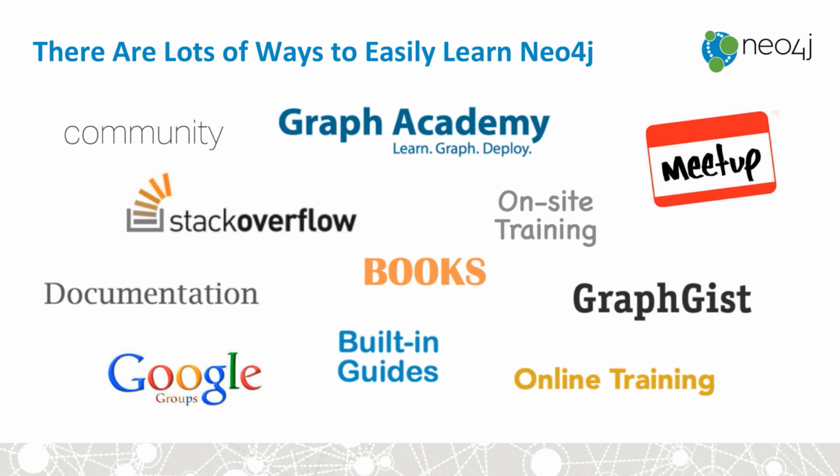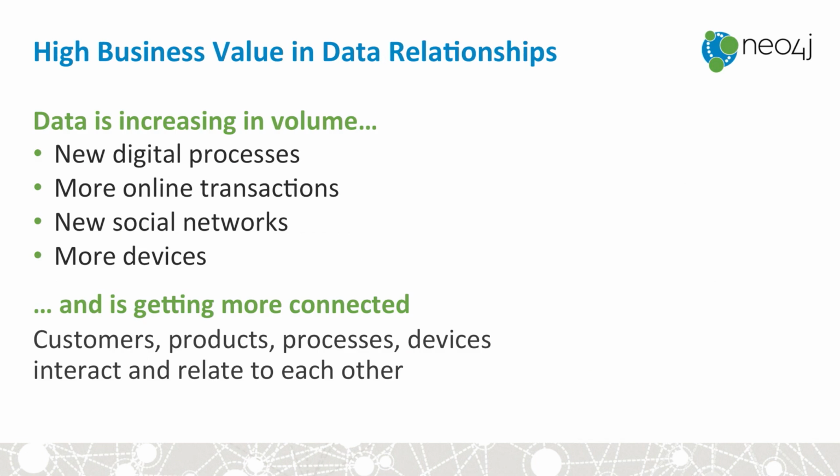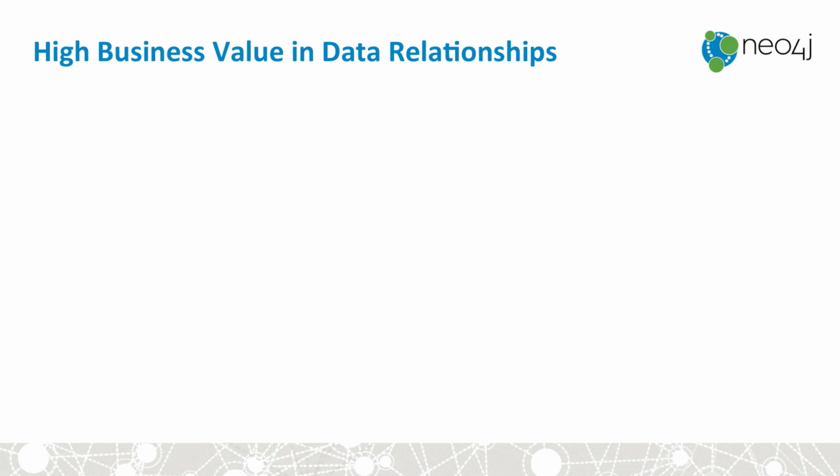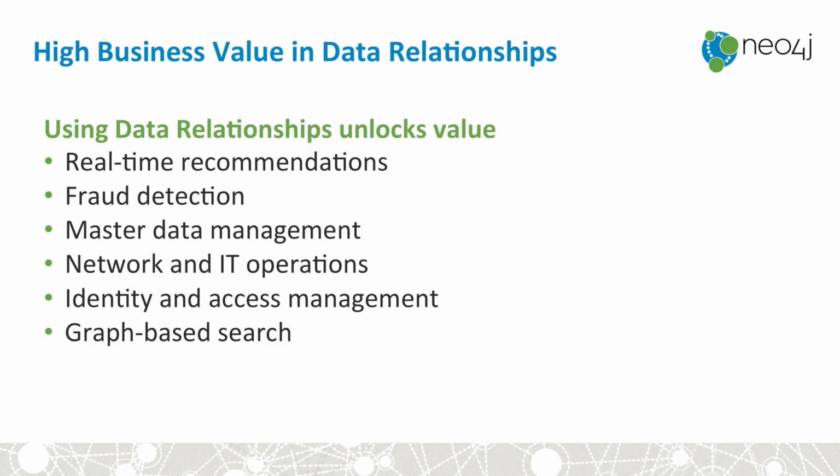Any type of application which requires a backend data store can be built on Neo4j. But there are certain types of applications which we see over and over again built on Neo4j, types of applications where the data relationships are really important. That's real-time recommendations, fraud detection, master data management, network and IT operations, identity and access management, and graph-based search.